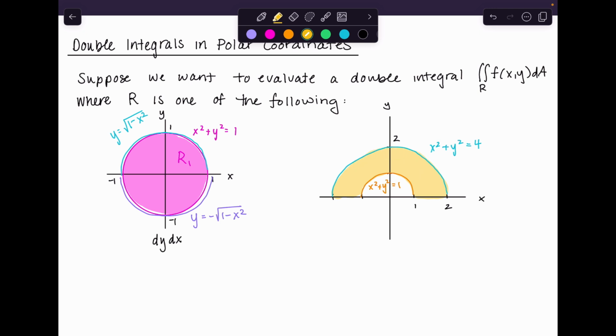I couldn't even tell you how to set this up in terms of x and y. This would be really difficult to do, and you'd probably have to break it down into this section and this section. But even within there, it's complicated because your x bounds depend on where you land.